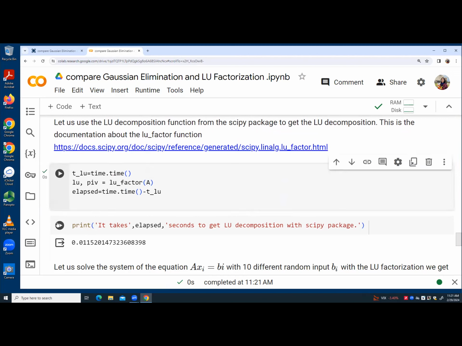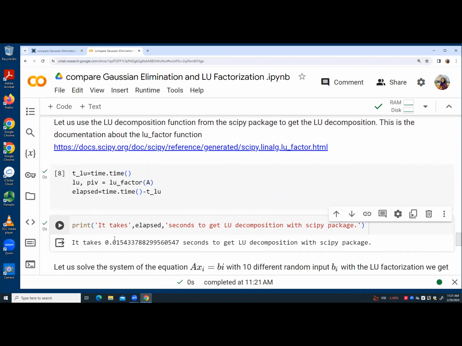It's so quick, just like 0.015 seconds. But if we code the LU factorization by ourselves using for loops, we may need 34 seconds.